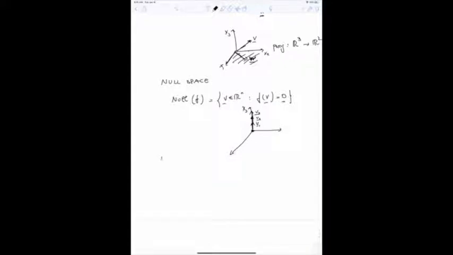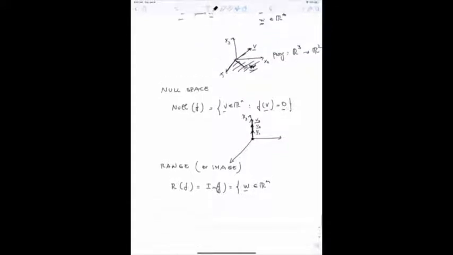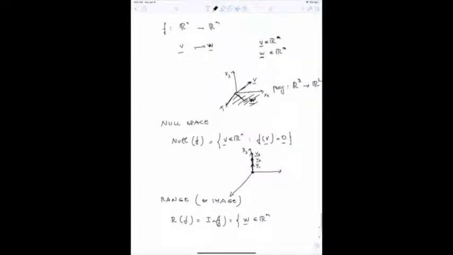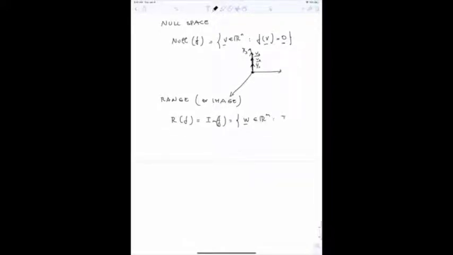And then we have the range or image. These are just two different names of the same thing. So the range of f or image of f is the set of vectors w in Rm, which is the space where we're mapping into, such that there is a vector v in Rn such that f of v is equal to w.